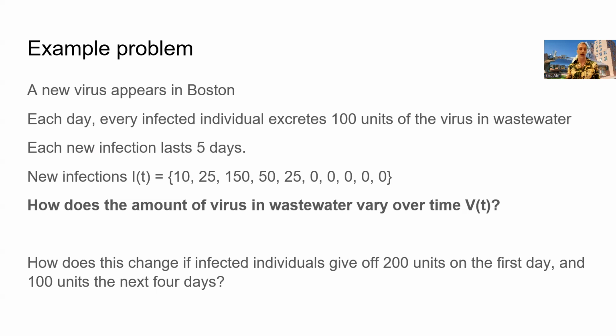And now we can think about how you would solve that problem if the infected individuals gave off 200 units of virus on the first day, but then only 100 units on the next 4 days, right? You could go through and solve that problem.